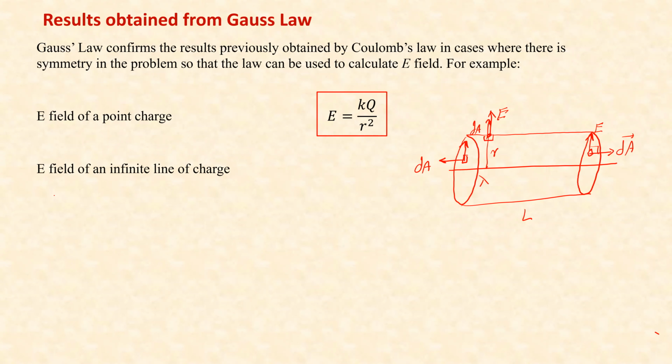So if you apply the Gauss law for this Gaussian surface, we can say the integral over the closed surface of E dot dA equals the total charge enclosed over epsilon naught. And then we see that E dot dA becomes E times dA, because E and dA are in the same direction on the cylinder.